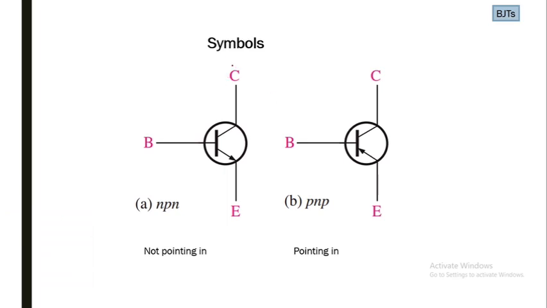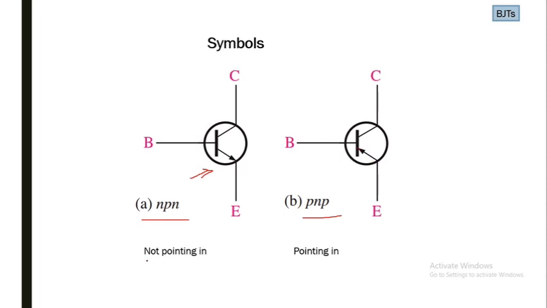These are the symbols for BJT transistors. We have an NPN transistor and a PNP transistor. For NPN, in the symbol it is shown that the emitter is pointing outward, and for PNP, the emitter is pointing inward.